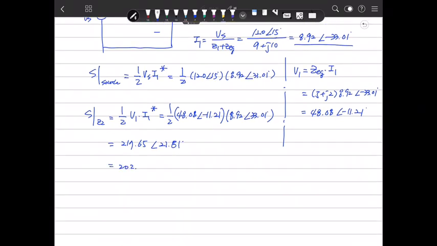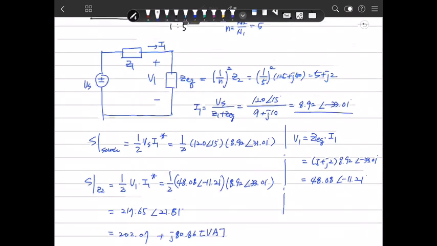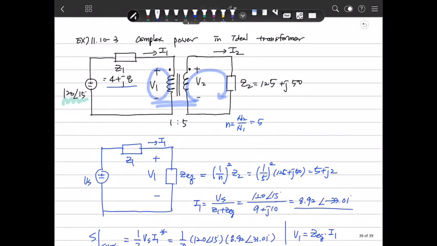So there will be 202.07 plus j80.86 VA. This is the complex power received by Z2. It's very simple. The only different thing is you need to transfer the impedance to simplify the electric circuit in the case where the circuit has an ideal transformer.